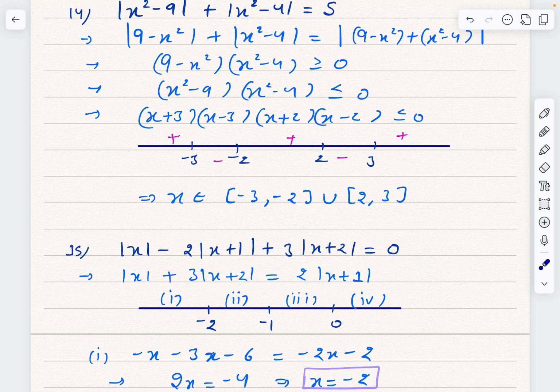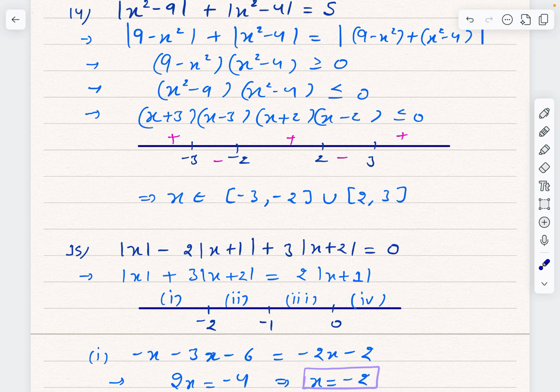We have mod x, mod x minus 2 times mod x plus 1 plus 3 times mod x plus 2 is equal to 0. So this we will solve here.